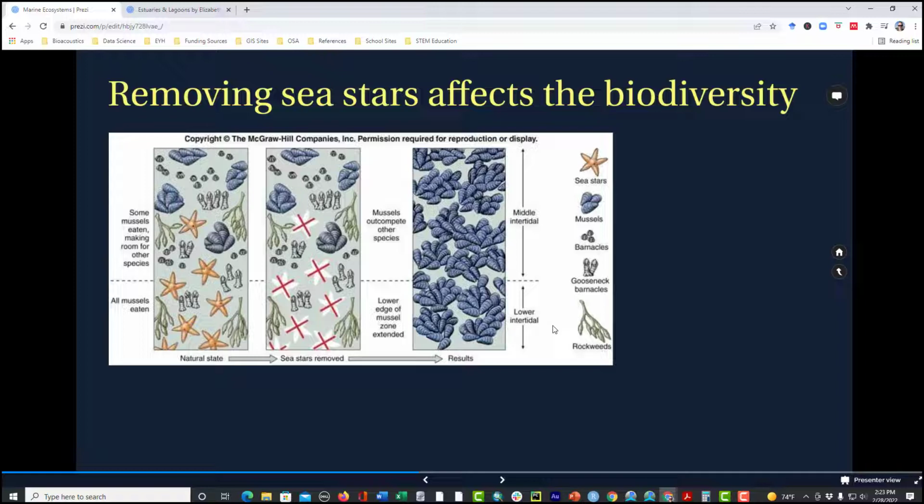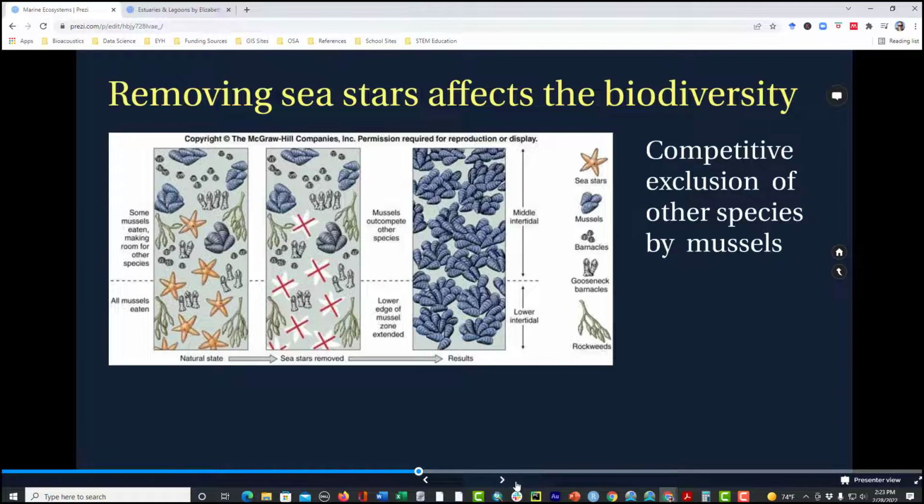When there's nothing to compete for all these other resources or to consume them as well, then you run into this particular situation. Competitive exclusion is going to result in other species being kicked out of these different habitats, which obviously leads to a huge lack of biodiversity.